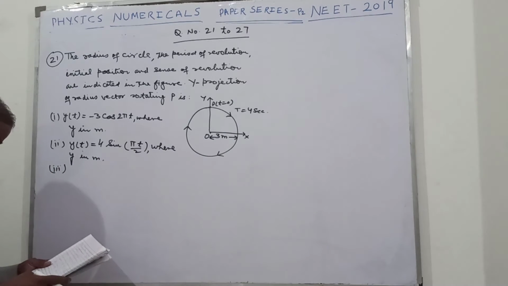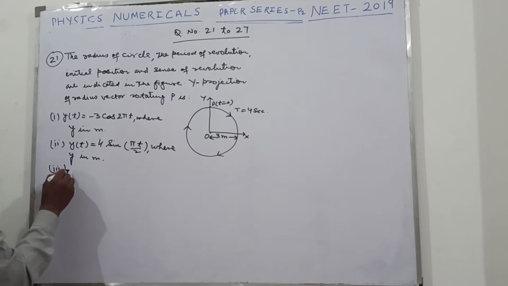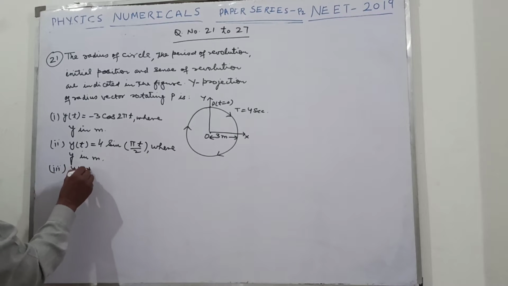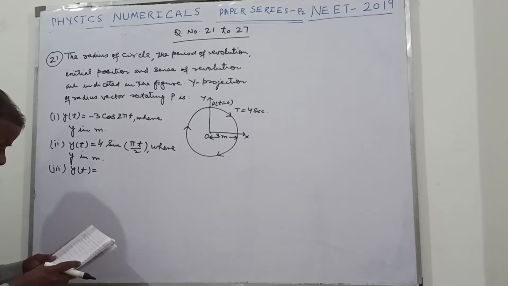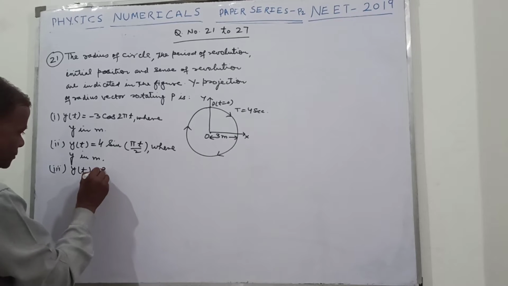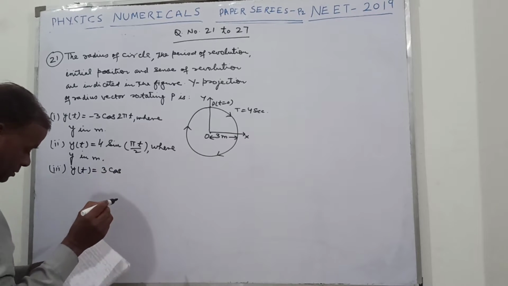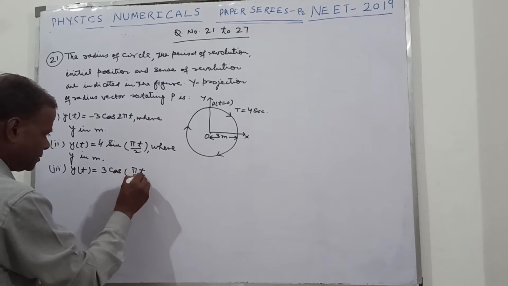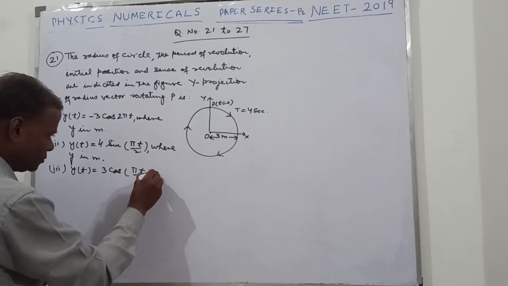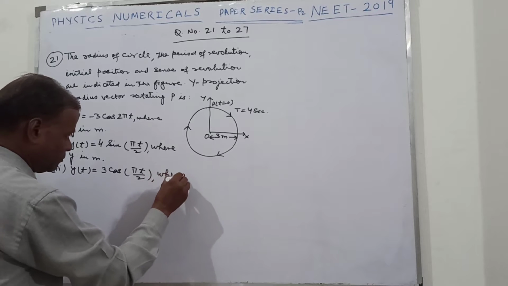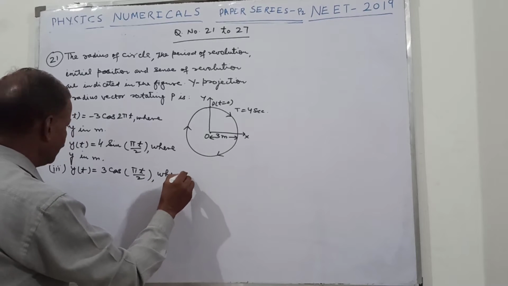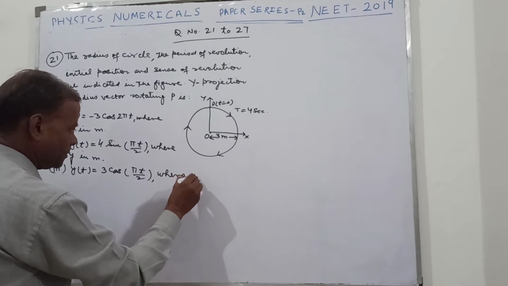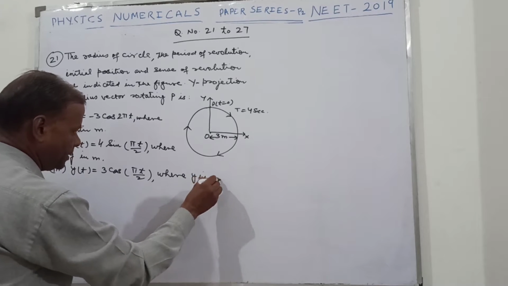Third option, y(t) equal to 3 cos(πt/2), where y is in meters.